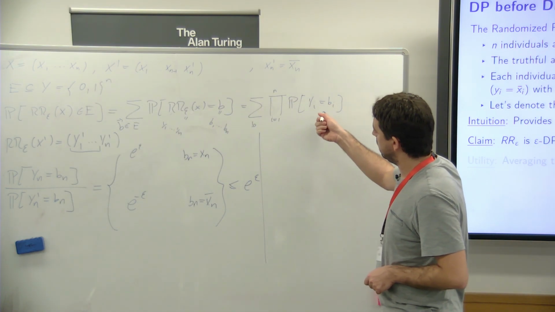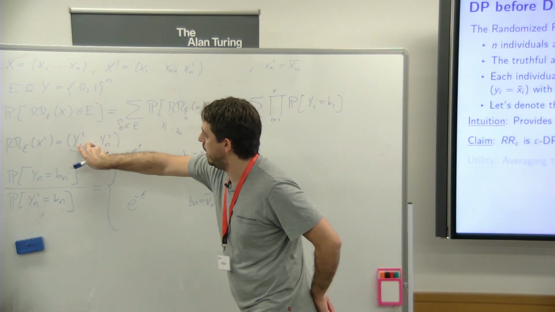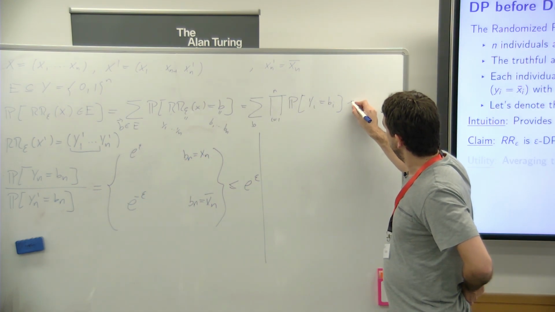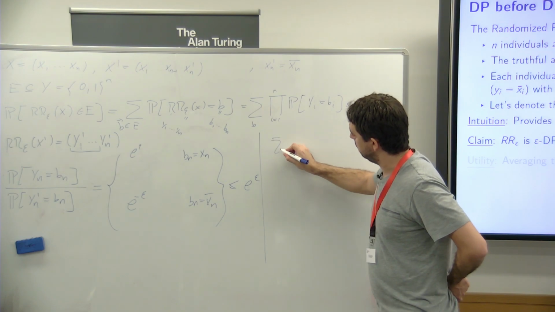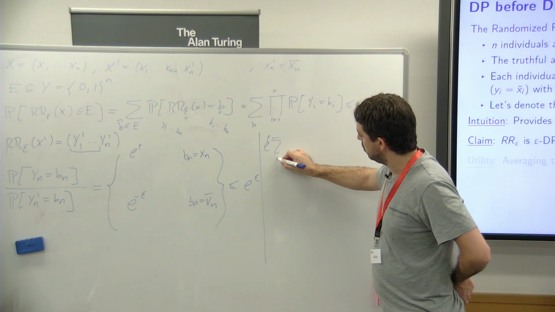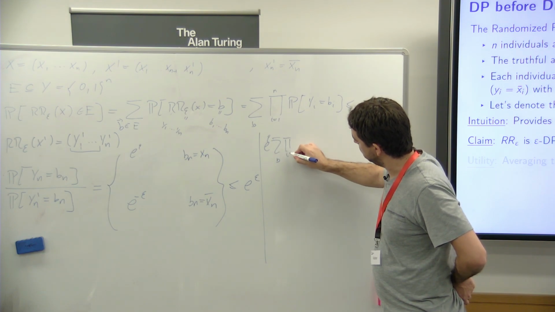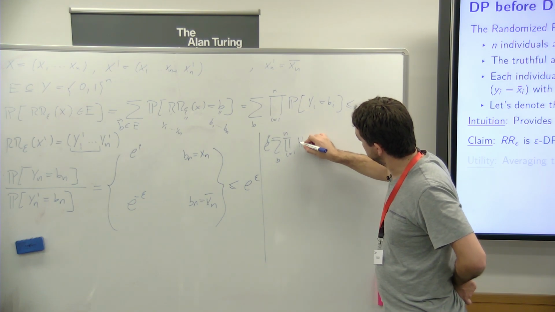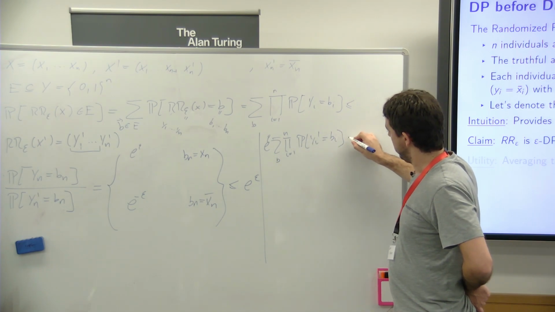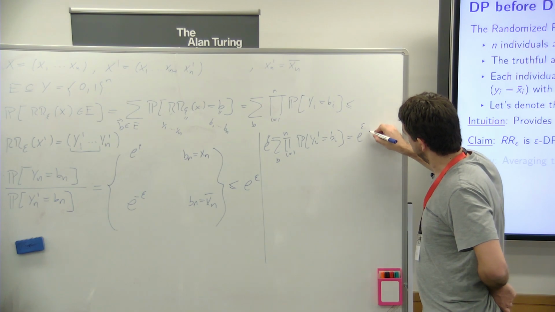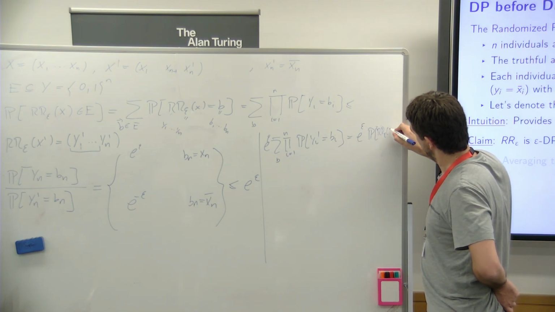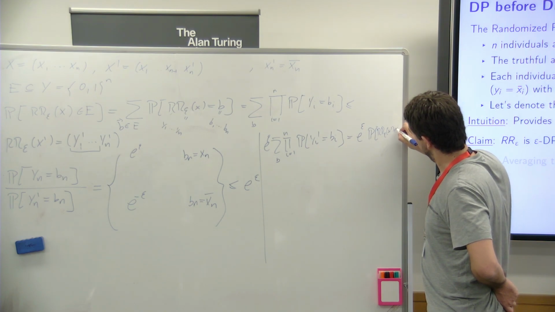So when I plug in this observation that these n minus 1 outputs are the same, and for this one I have this inequality, all I'm saying is that I'm changing one and the others remain the same, so I get exactly the same expression for the y primes. And that's exactly what I needed to get differential privacy, because that's randomized response on x prime being in E.